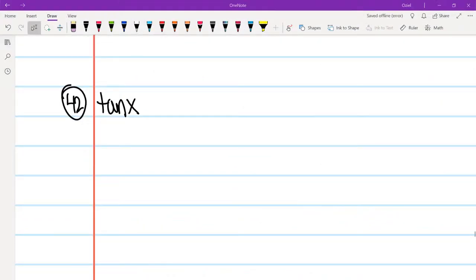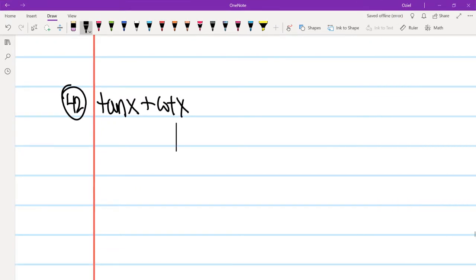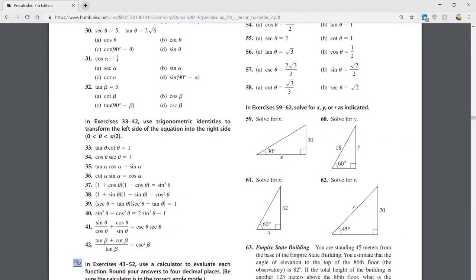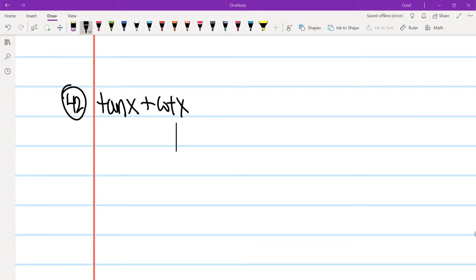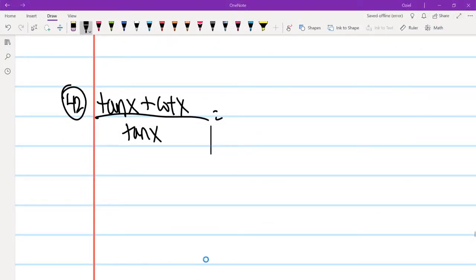So tangent of x plus cotangent x over tangent x equals, let's see, cosecant x.